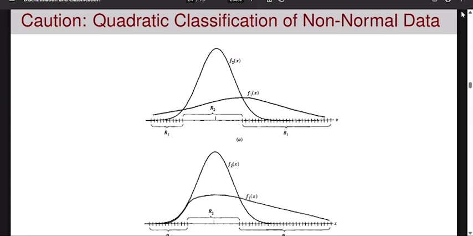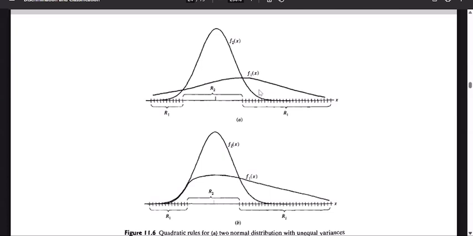Okay, now when you take a look at the shape right now, you're actually going to see that the two of them are normal. This is a normal curve. These are normal curves. The way they spread out may be different. You can see here the variance of this one is different from the variance of that one.